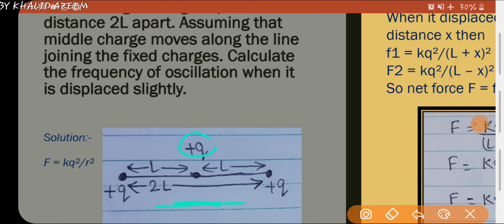Here is this charge which is placed midway between these two charges which are 2l distance apart.